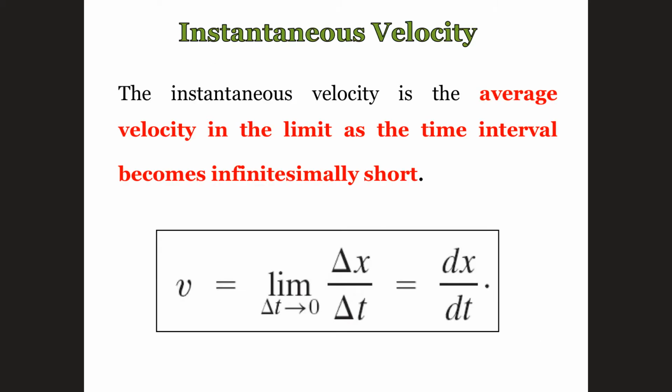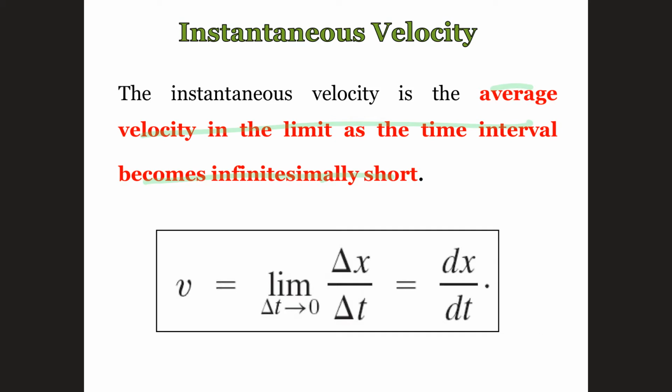Okay, so now we are going to talk about instantaneous velocity. Instantaneous velocity is the average velocity in the limit as the time becomes infinitesimally short. Okay, very short. Or we can say that instantaneous velocity is basically the velocity at that particular time.